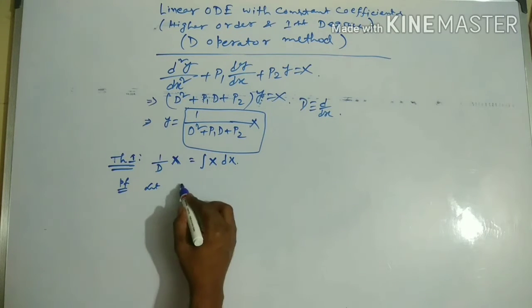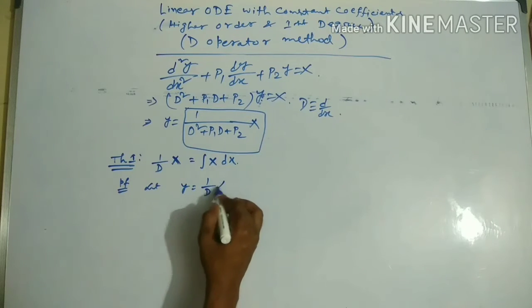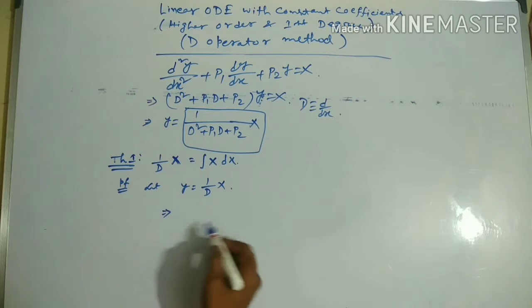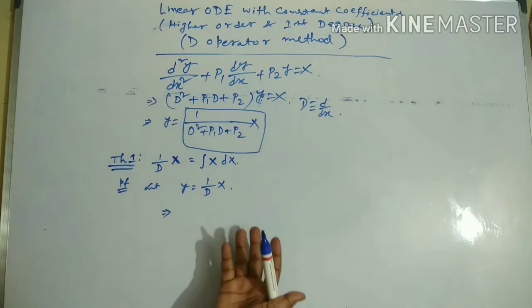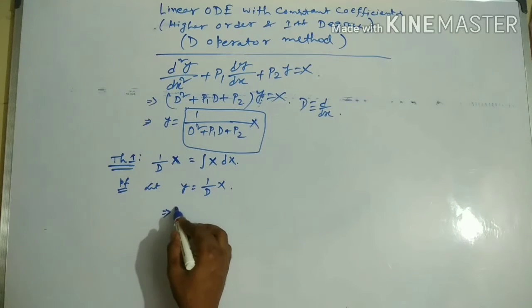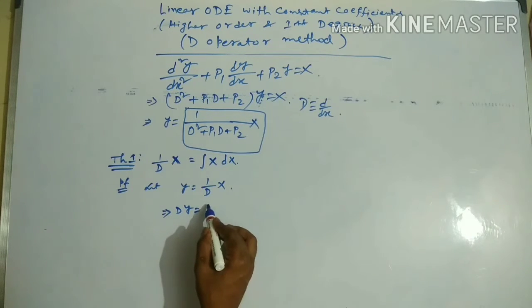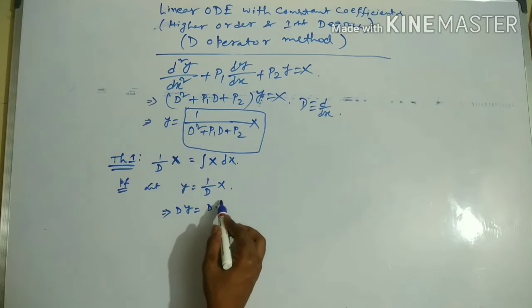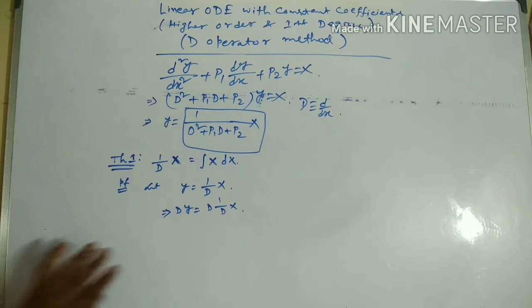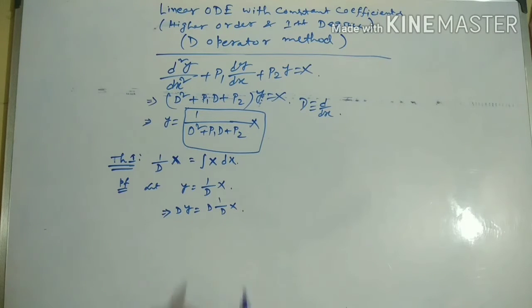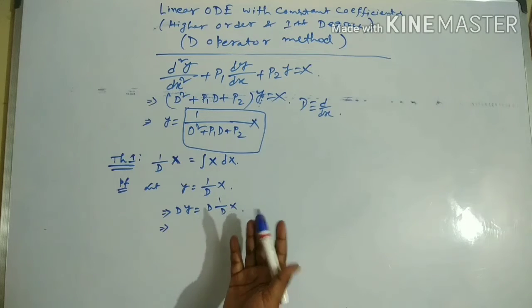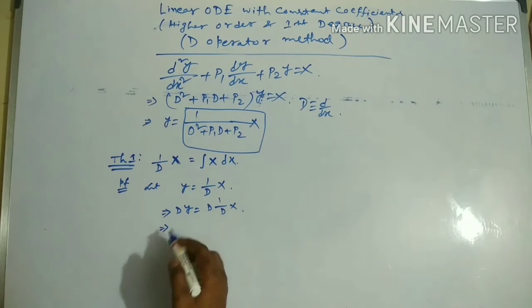I'm assuming that y equal to 1 by D capital X. Now I am operating by capital D on both sides, that is, I am simply differentiating. So Dy will be D of 1 by D of capital X. We know that capital D is a differential operator here with respect to x.